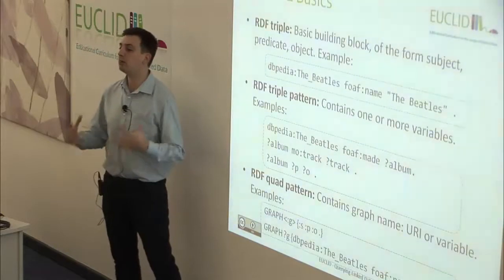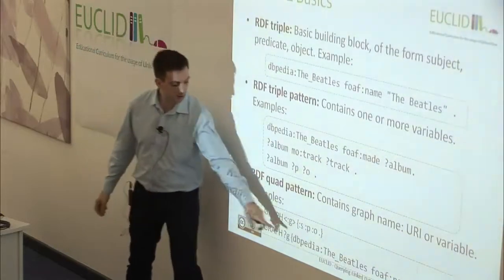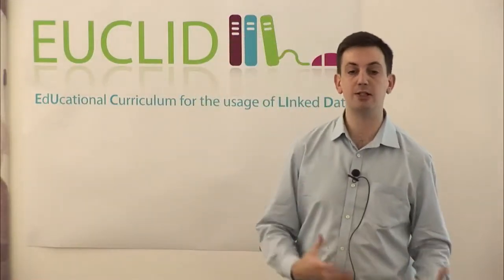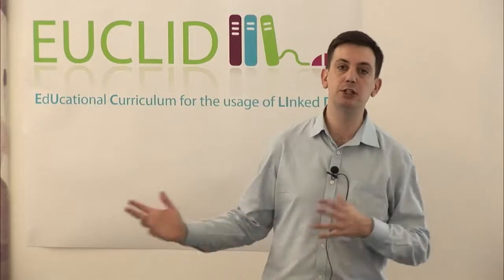We can say, tell me in which graph there are triples that match this pattern. As I said, that's the essence of making queries across RDF in SPARQL, and we're going to look at several examples now and several ways to combine these patterns into the richer language, which is SPARQL.